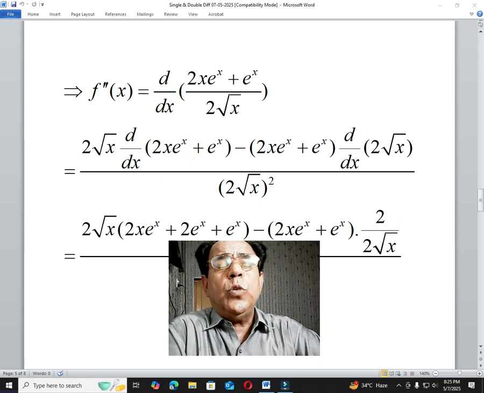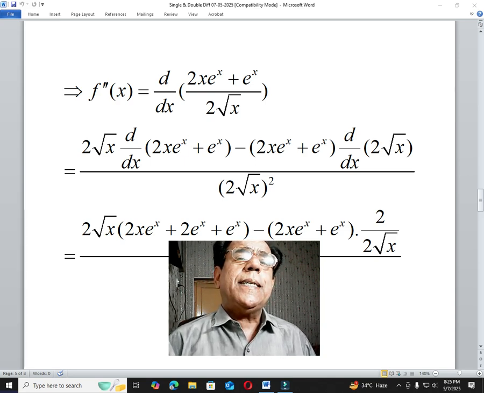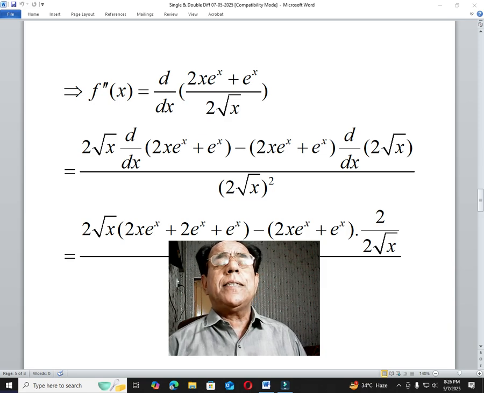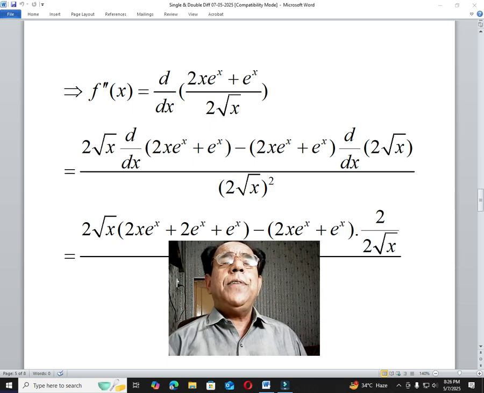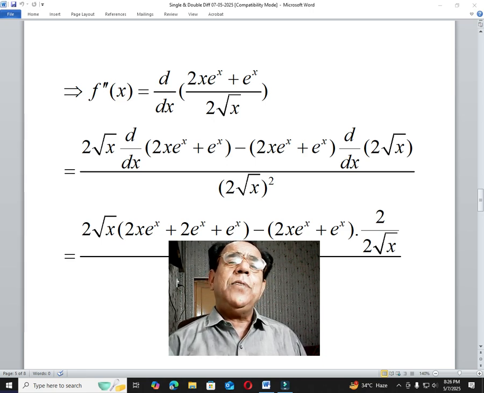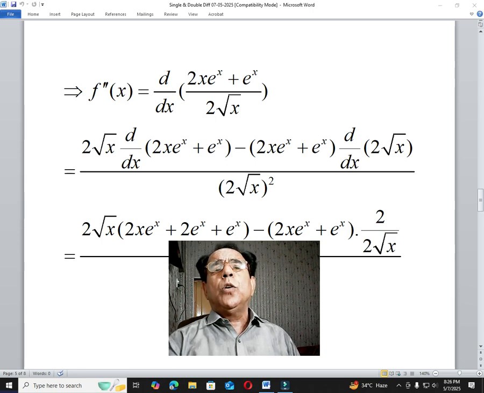According to the quotient rule, the function in the denominator is taken as square, while first we write the function in the denominator as it is without any change, and then we differentiate the function given in the numerator, minus we write the function in the numerator as it is, and then we differentiate the function given in the denominator. This is the formula of the quotient rule. Okay.